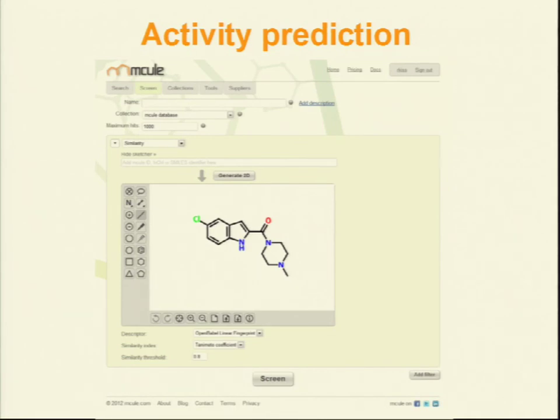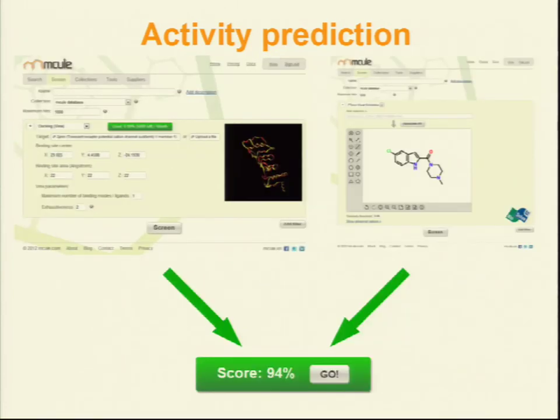But other similarity searches can be done based on typical fingerprints. And so basically, it doesn't have to be just a linear workflow. So you can do docking as well as similarity searches, and you can apply consensus scoring at the end. And what the medicinal chemist will get is just right at the bottom. So basically, he gets a score, which helps him to decide whether this compound should be synthesized or not.